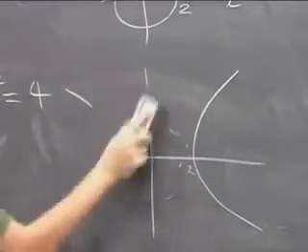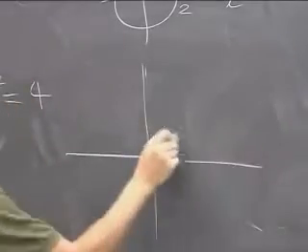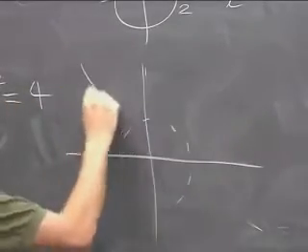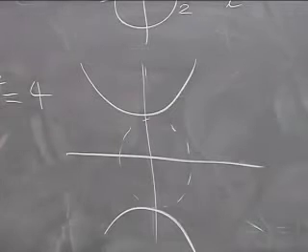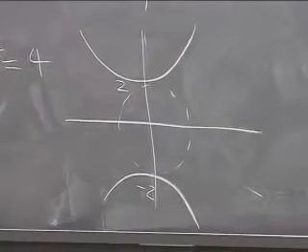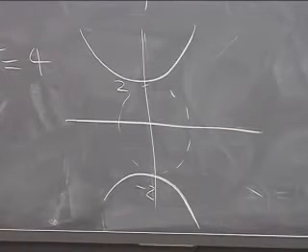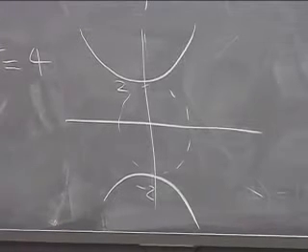That's x squared minus y squared equals 4. It's going to be a hyperbola like this. How did I know that the other one was wrong? Well, the y-intercepts are 2 and minus 2. There can't be any x-intercepts because then x would have to be the square root of minus 4. So actually what I first drew was x squared minus y squared equals 4.